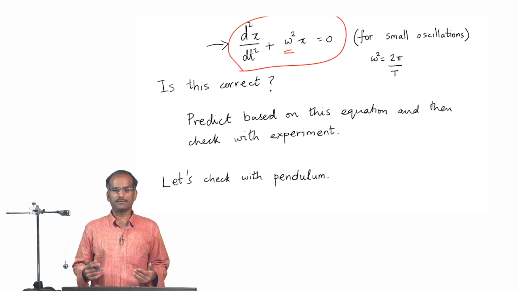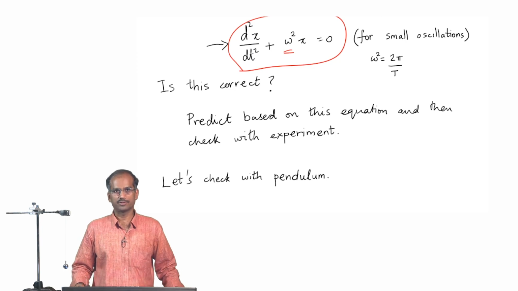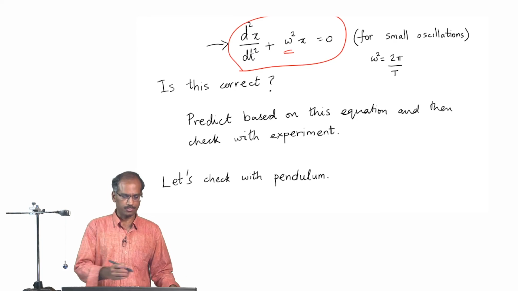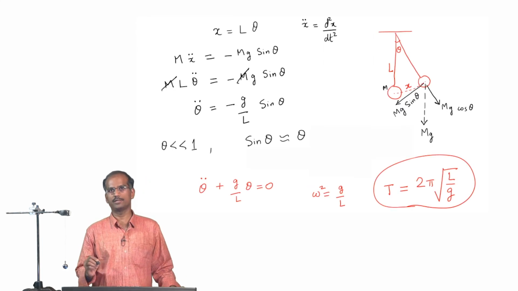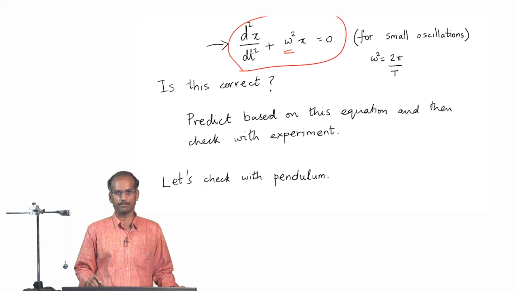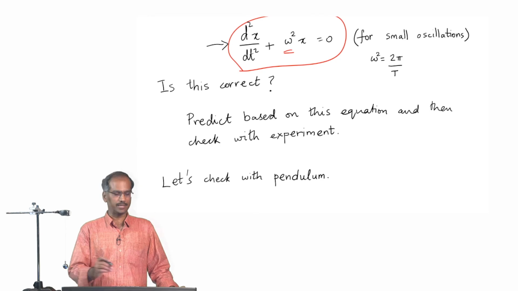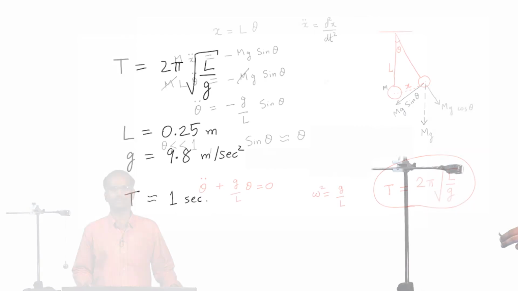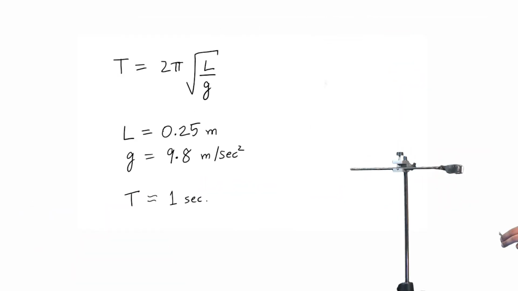Of course, for detailed information we will have to solve this equation of motion, which we shall do in the next module. But even without solving it, we could still test the validity of this equation by extracting the information about the time period and matching the time period that we get from this theory with what we get from experiment.